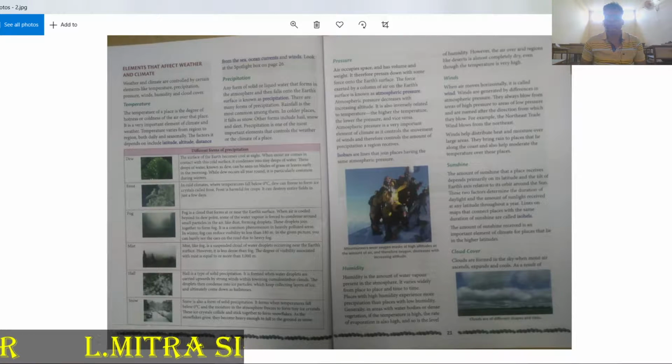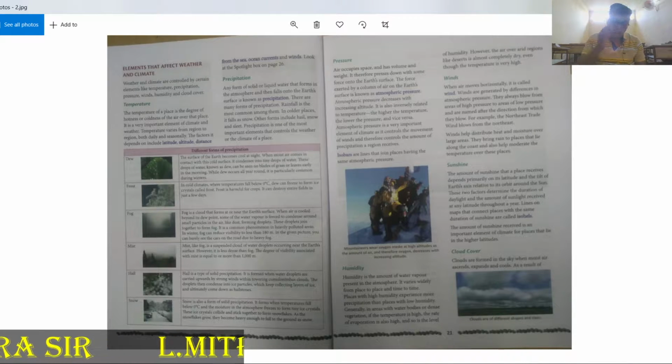First, we have to know what the elements of weather and climate are. The first is temperature, second is precipitation, third is pressure, fourth is humidity, then winds, sunshine, and cloud cover. These are the factors that affect the climate and the weather.